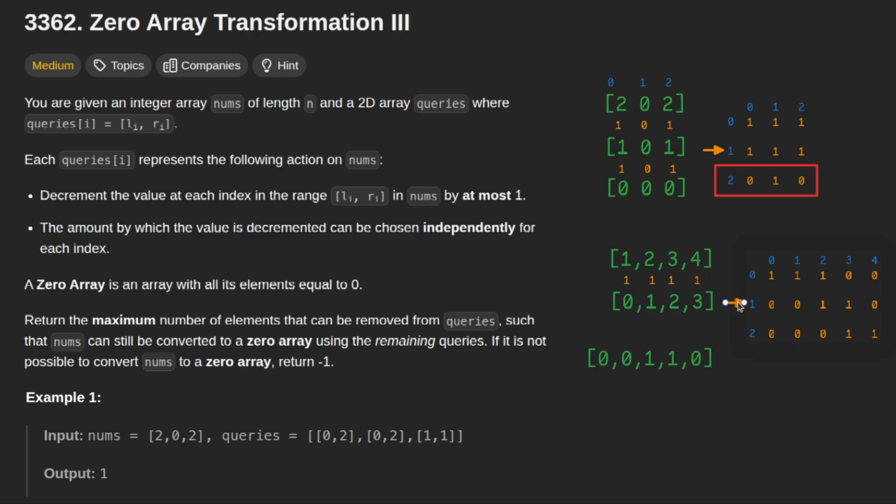Let us move it to 1. Okay, so for the first iteration I have to choose any element from 1 1 1 0 0.